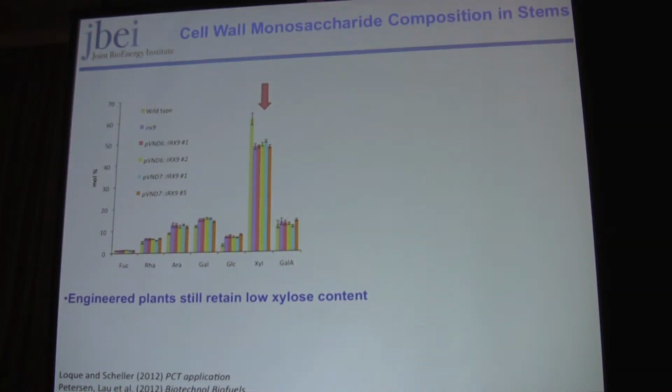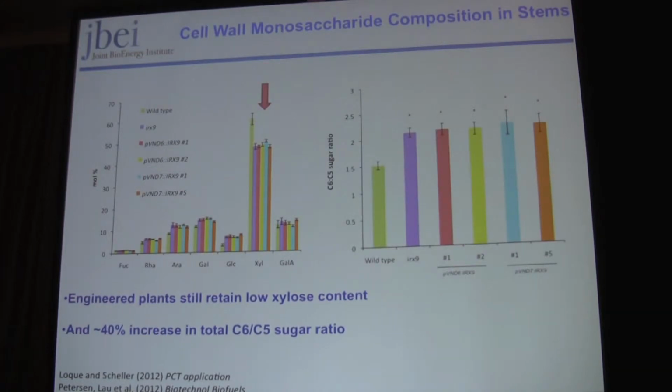So we ran the samples on HPLC, and we see that our engineered lines still maintain the low xylose when you compare it to this wild type here. And we also looked at the hexose to pentose sugar ratio, and in all our engineered lines, we see an increase in this.